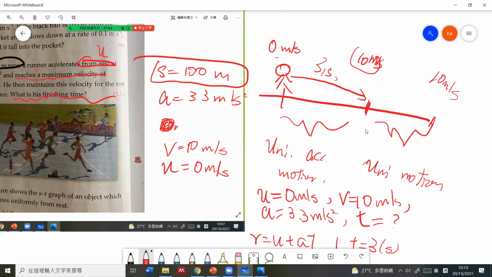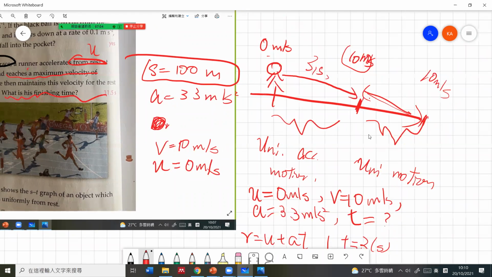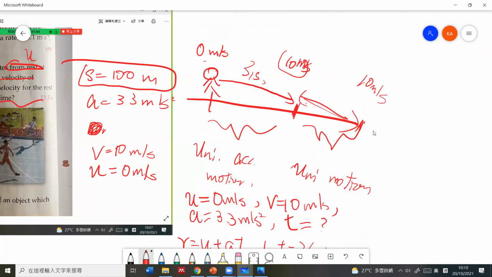Then how can we know how long the second part takes? For the second part, if the distance is s, then the time is s over 10.